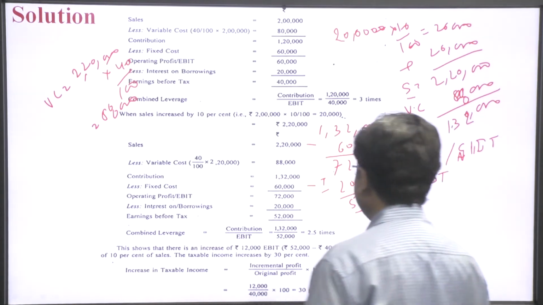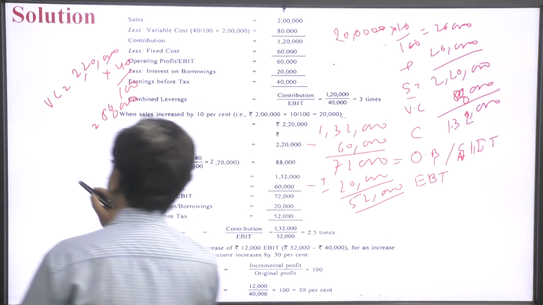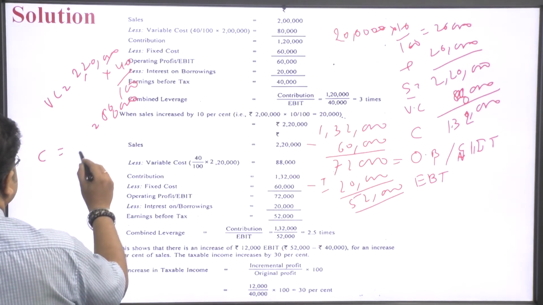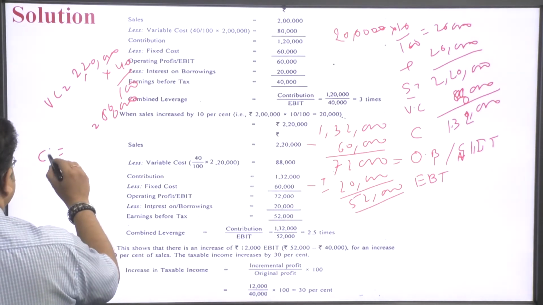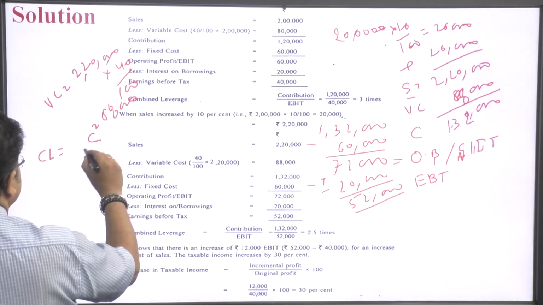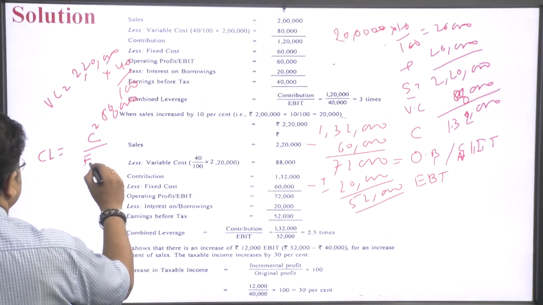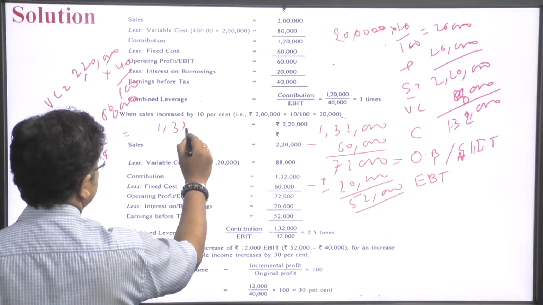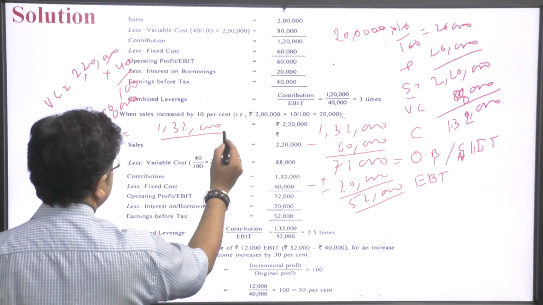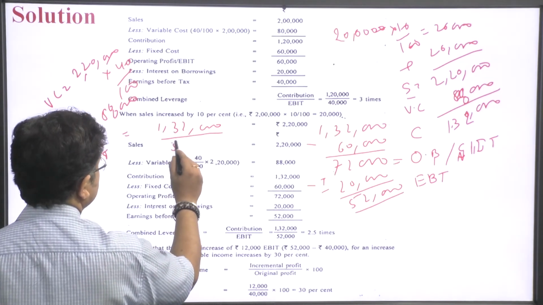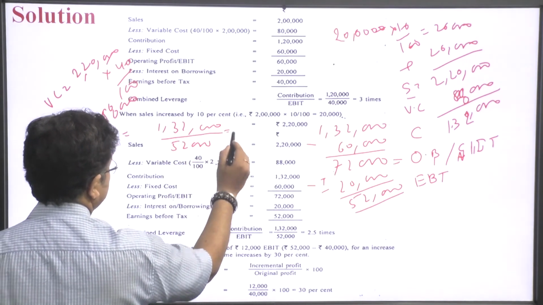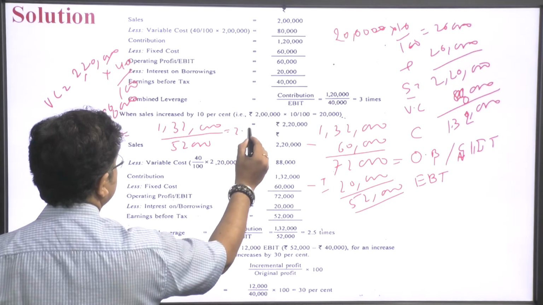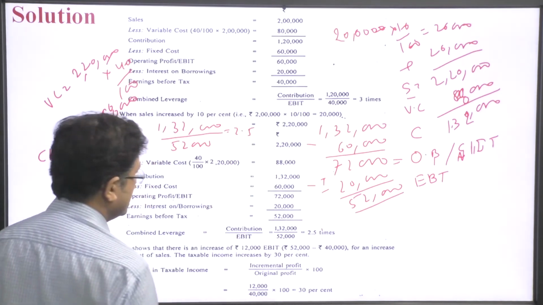Same, combined leverage equals contribution divided by EBT. Contribution is 1,32,000 divided by EBT 52,000, and we receive the answer 2.5.